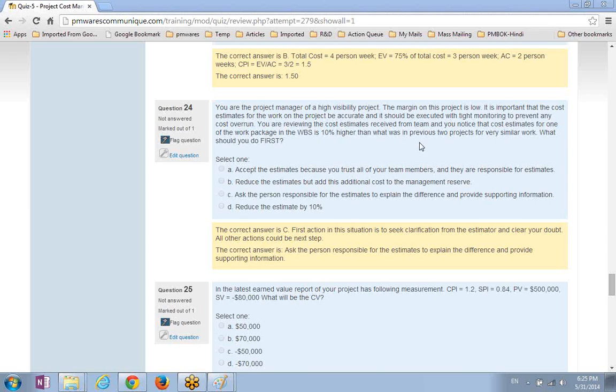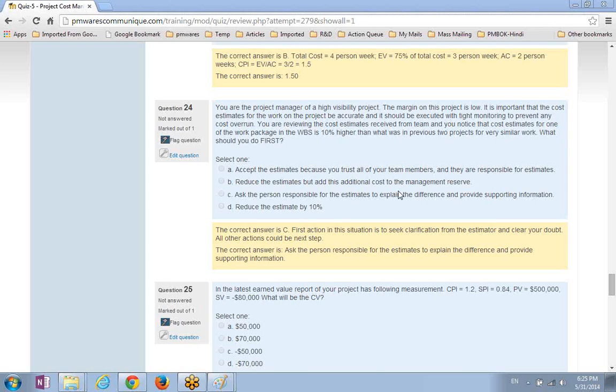What should you do first? See, in this, there are some ground rules, which I keep repeating every time. We should remember that whenever we get something which is unexpected, we need to investigate why this is unexpected. So the first approach in such cases is to demand more information so that you really understand why it is happening.